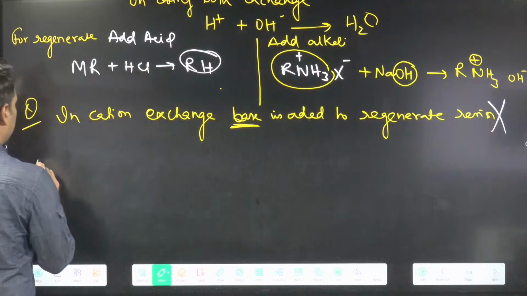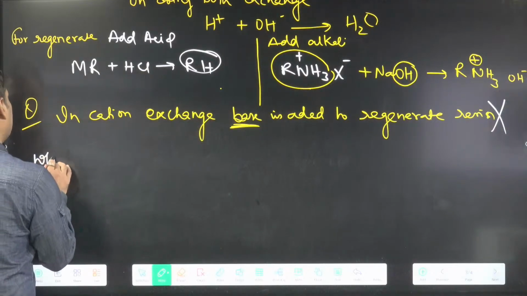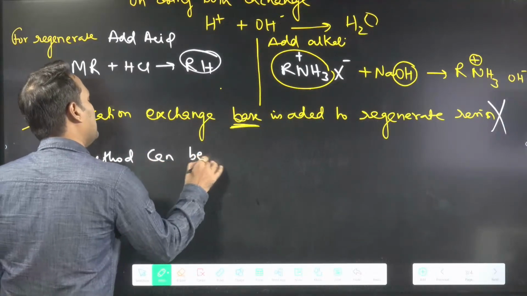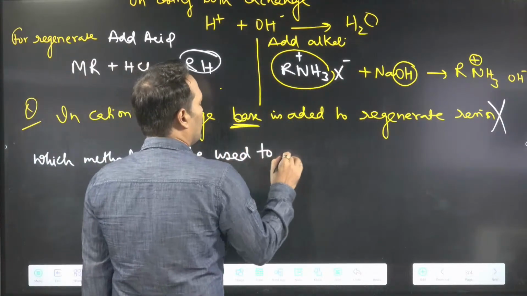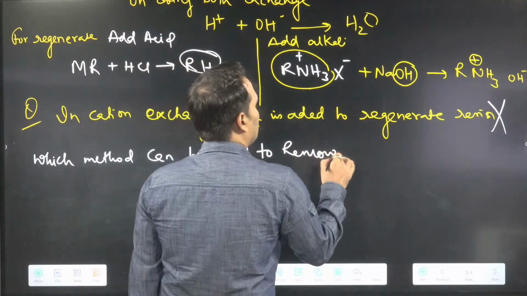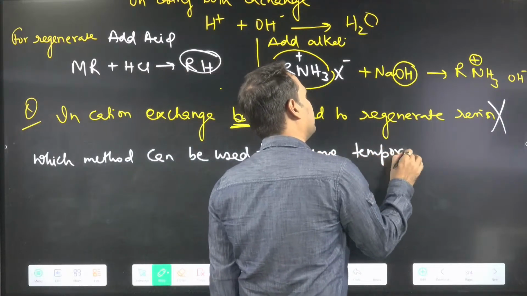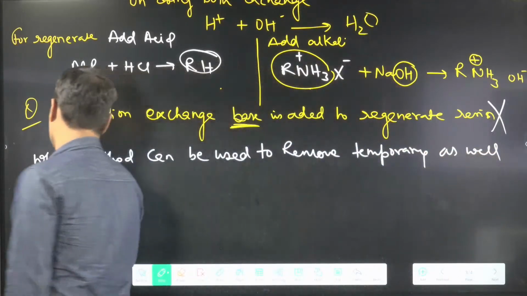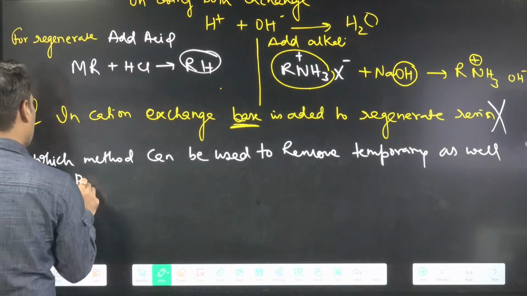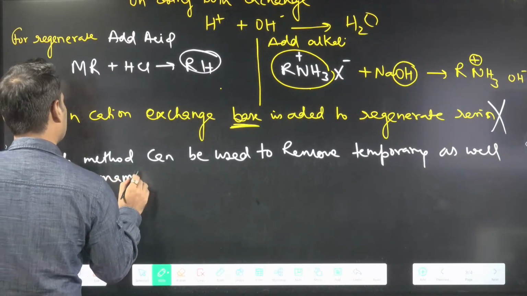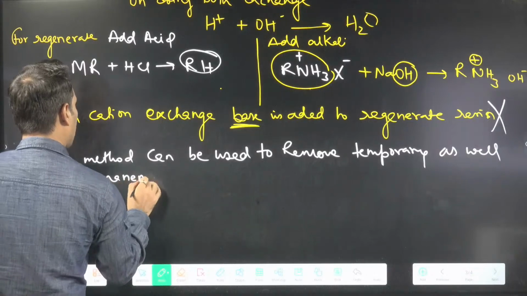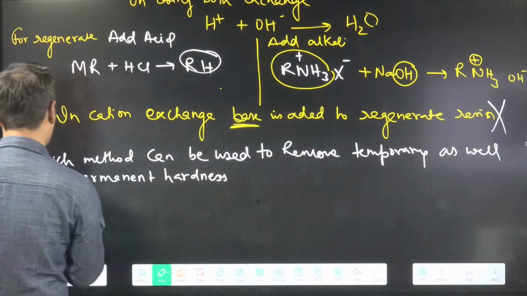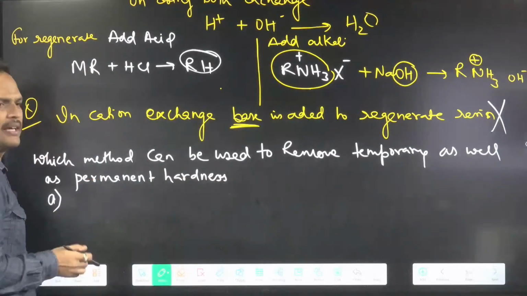Second question is there. Which method can be used to remove temporary as well as permanent hardness? So few points are written in NCERT which I told you, and few points are written somewhere else also.